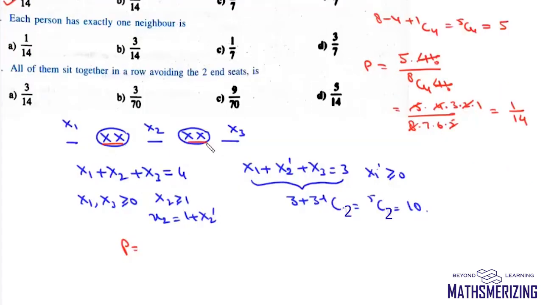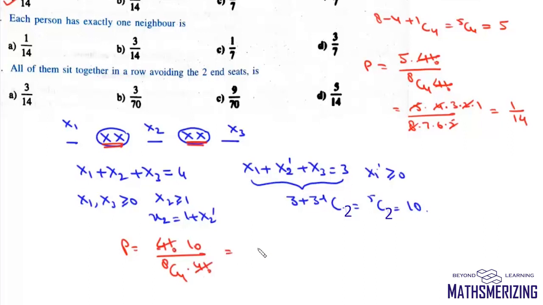Now we have 4 places here. Now in these 4 places, we can arrange these 4 people in factorial 4 ways, and then the total number of ways of selecting these 2 and 2 seats will be 10 divided by the total number of ways of arrangement, which is 8C4 into factorial 4.